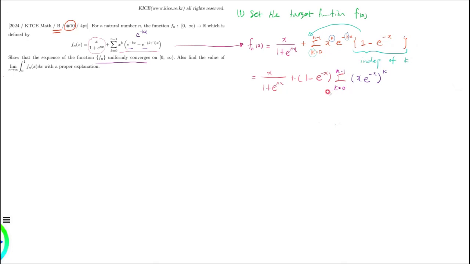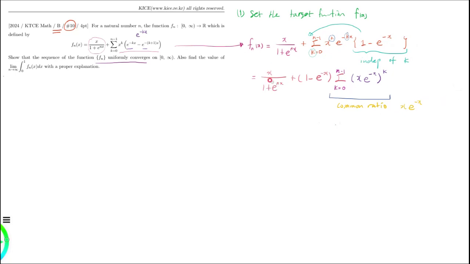As you can see, this is a sum of a geometric series whose common ratio is x times e to the minus x.